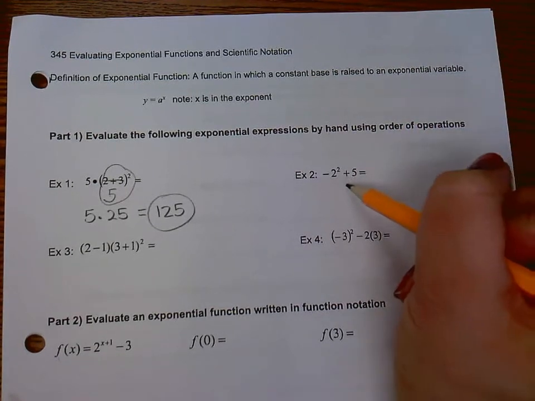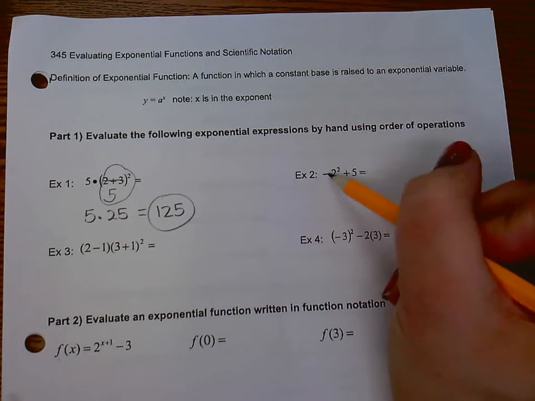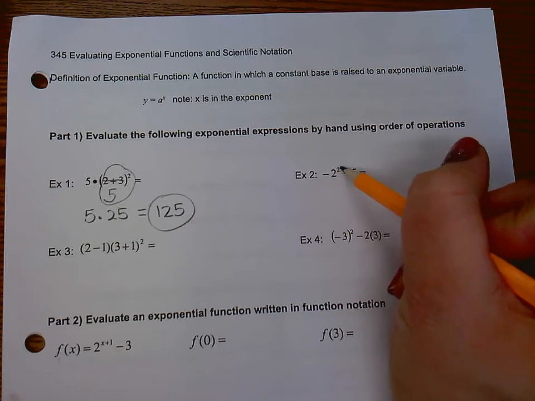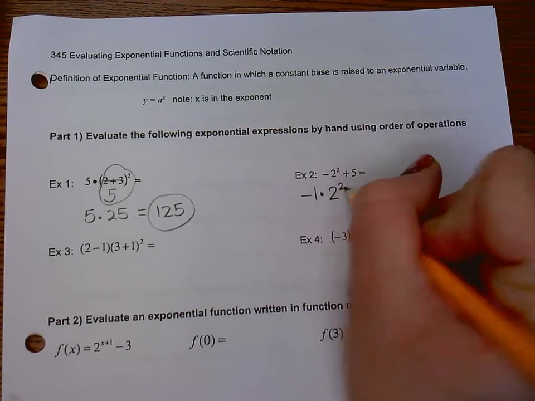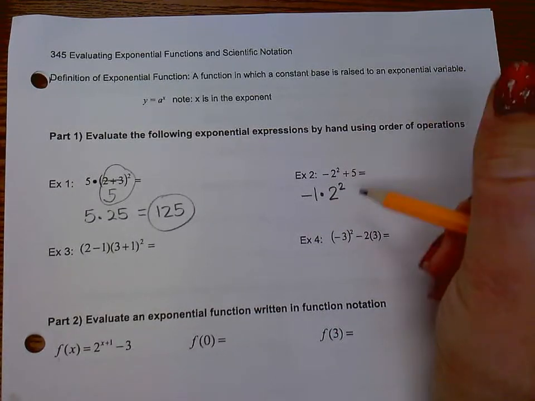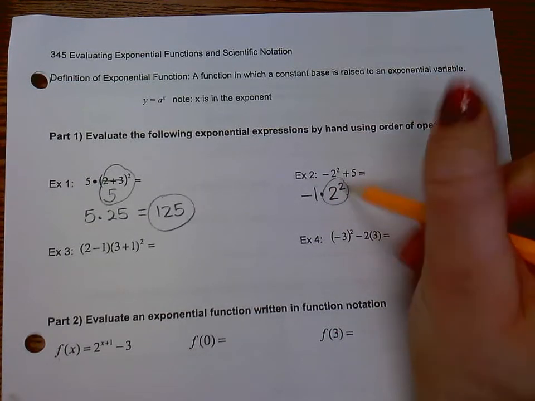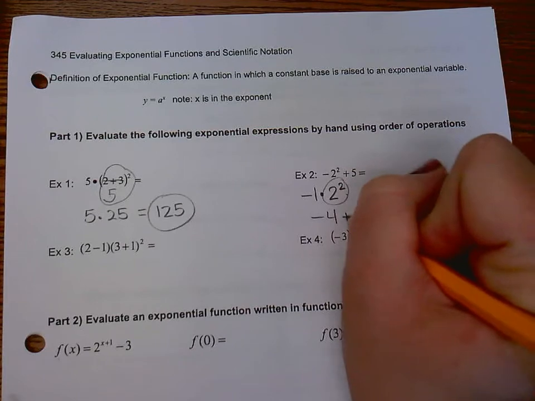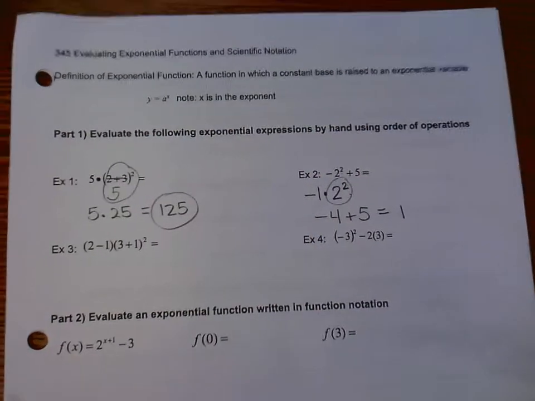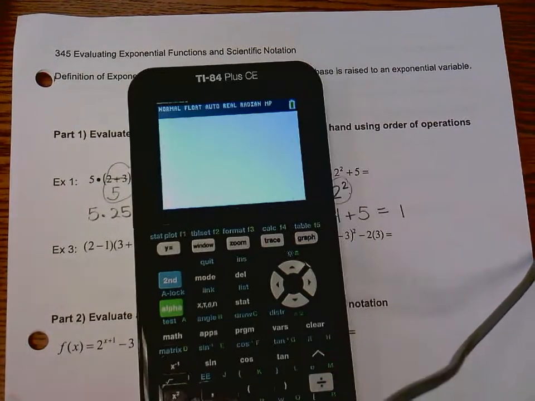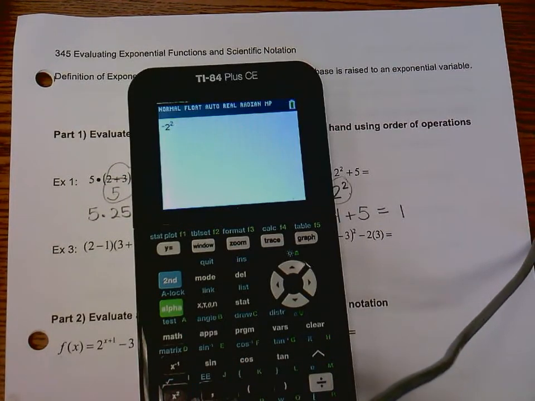Example 2 I put on here because you've got a negative number that's being squared. It's kind of like taking -1 and multiplying by 2 squared. You still do the exponent first. So this is really -4 plus 5, which is 1. If you type this into a calculator, -2 squared plus 5 is 1.